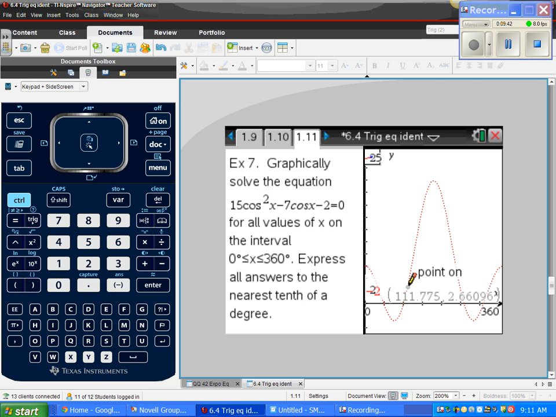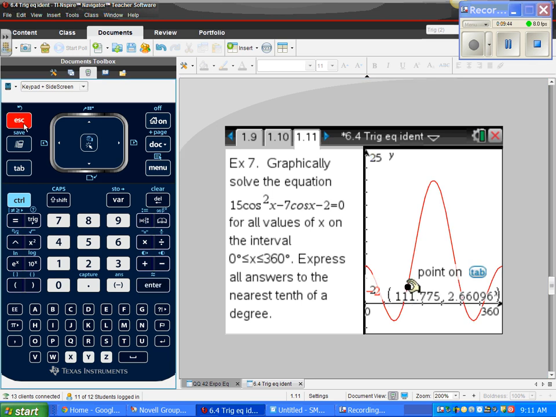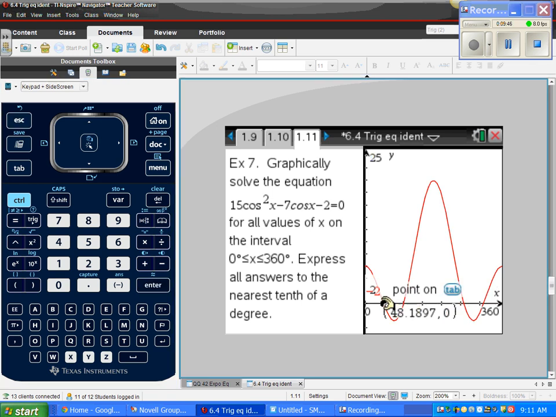Click, enter, escape. I grab that first one and I get, to the nearest tenth, 48.2, and then 131.5, and then 258.5, yep, and then 311.8.